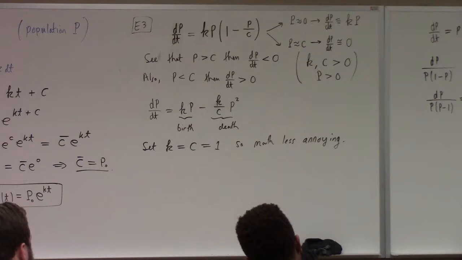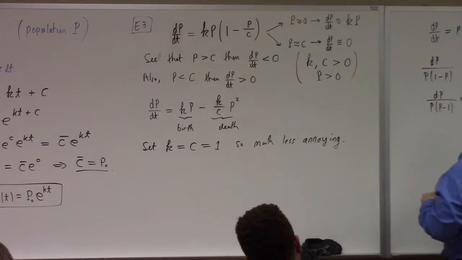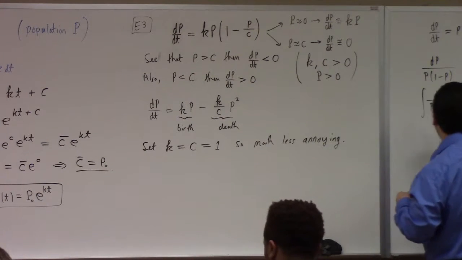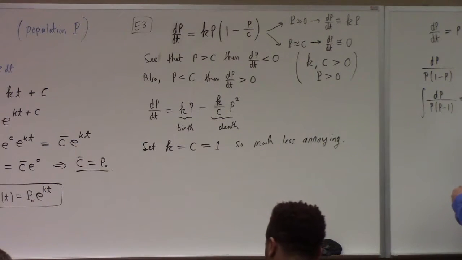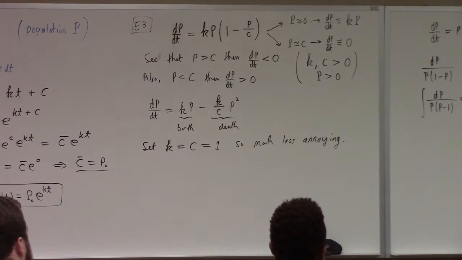And so how do we integrate then? Well, I'll do the right-hand side for free. That's minus t plus a constant. See? I'm so nice. I did that for you guys. On the other hand, the other side, we've got to do this integral.